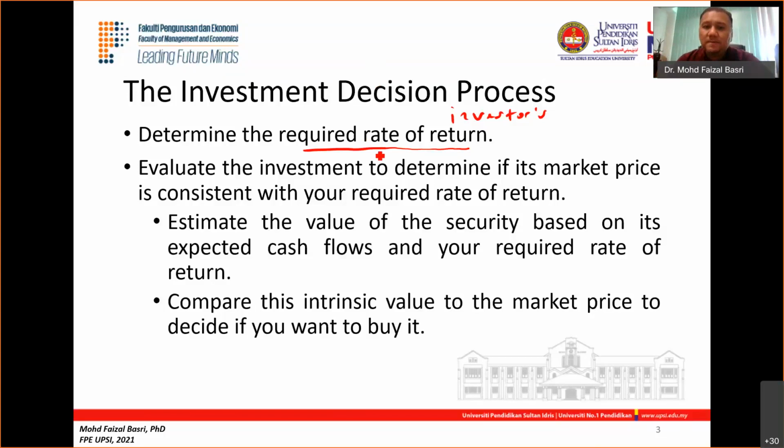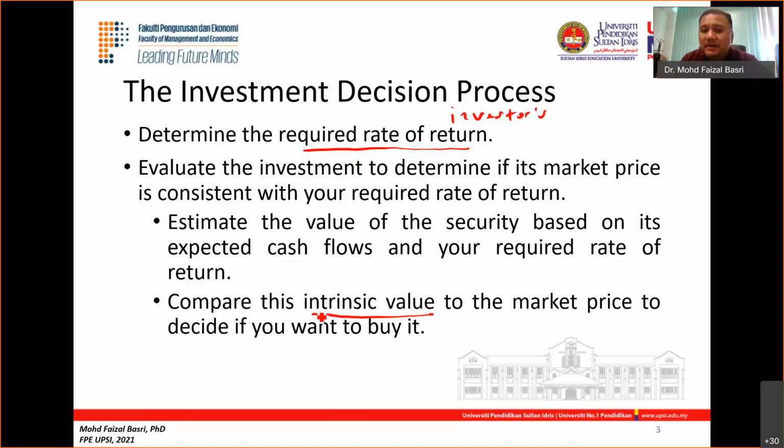For investment decisions, the common thing that we look at when we want to compare the potential required rate of return with the current price of the securities is by calculating what we call the intrinsic value.